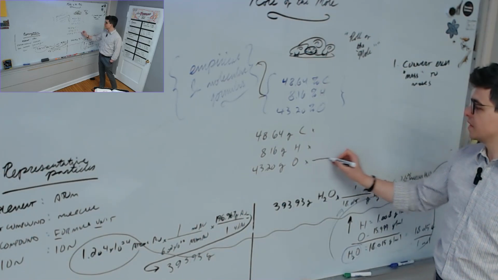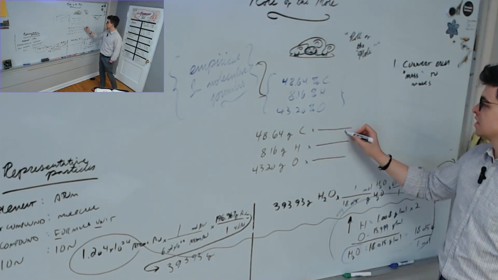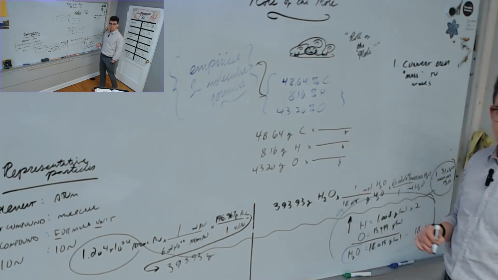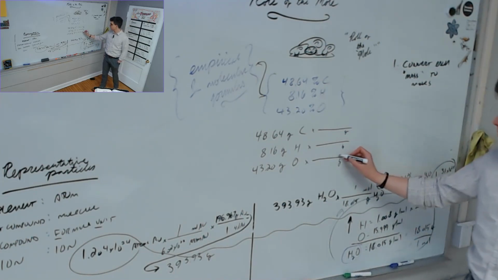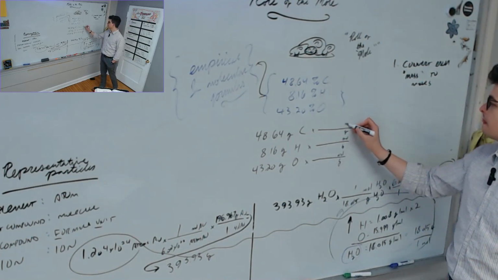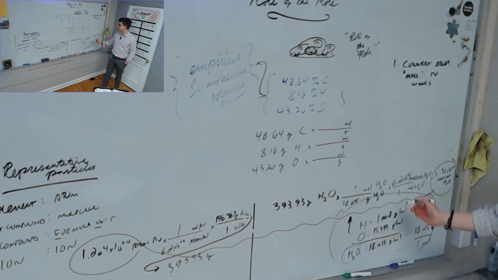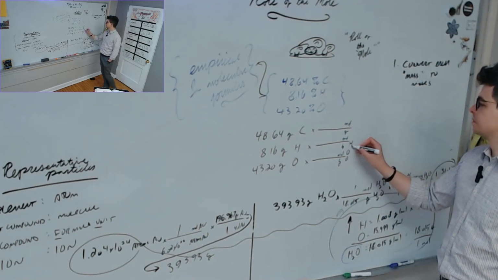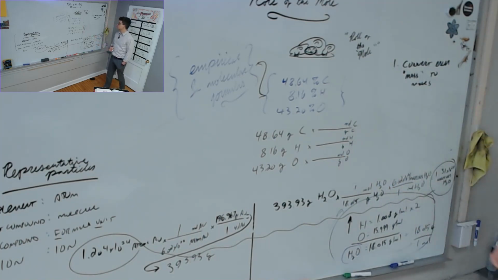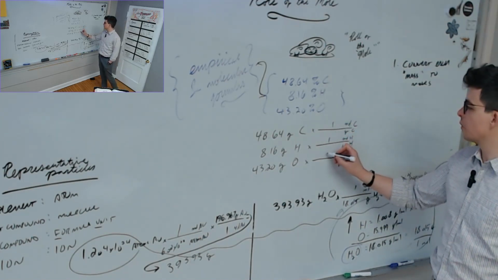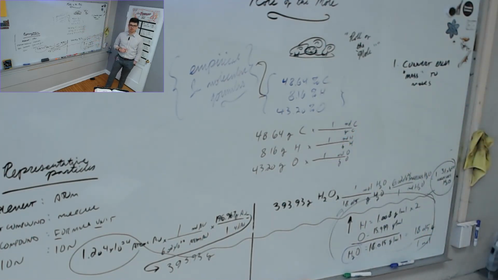Now, using the information that we learned earlier, we convert each of these to what? I just told you, moles. In each of these, where can I find the mass of 1 mole of each? The periodic table, yeah.